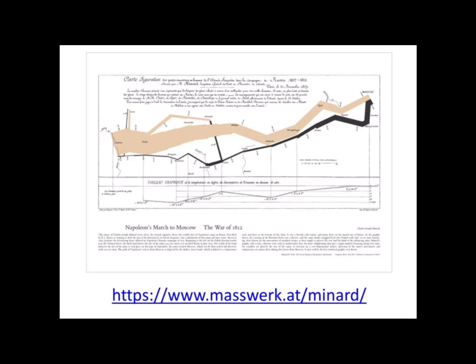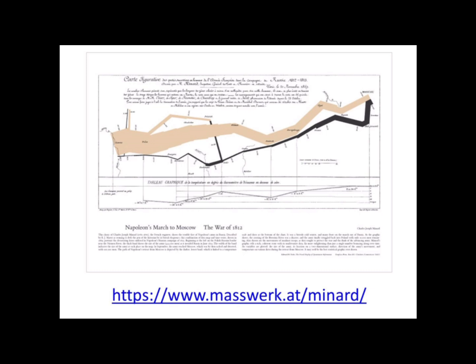On the path back, the line gets even thinner until it reaches its original destination. You can tell the difference between the number of troops he started with and ended with. This is a really powerful visualization, and it was done way back in 1869.